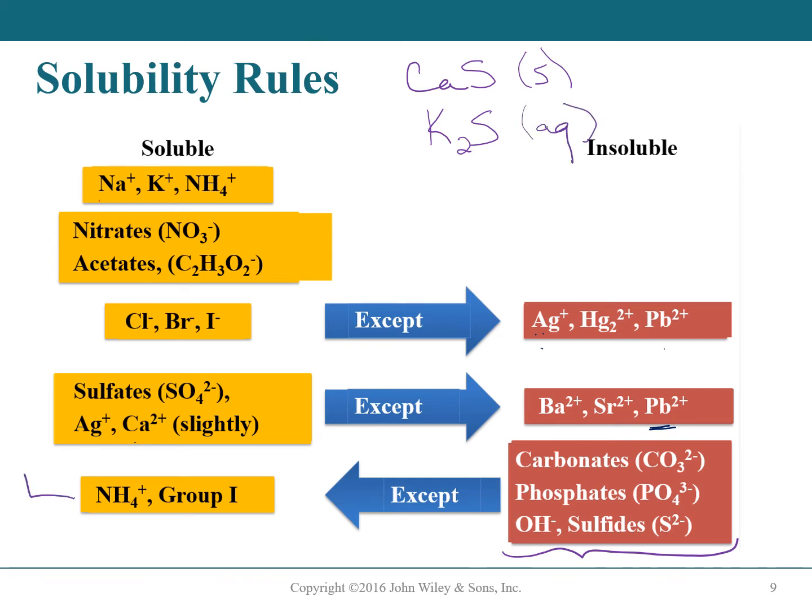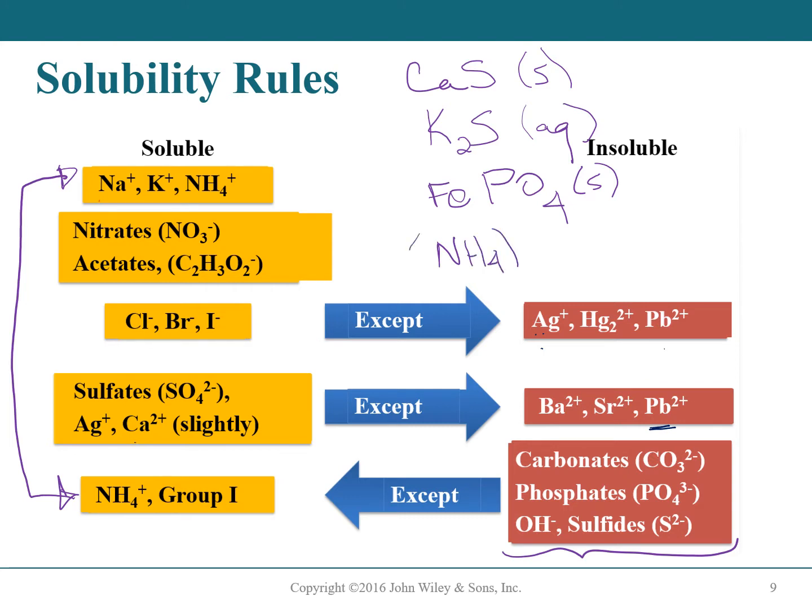And if you look, there's consistency between these two. What happens if I gave you iron 3 phosphate? Well, that is going to be insoluble because my cation is not ammonium and it's not a group 1 metal cation. What happens if I gave you something like ammonium carbonate?